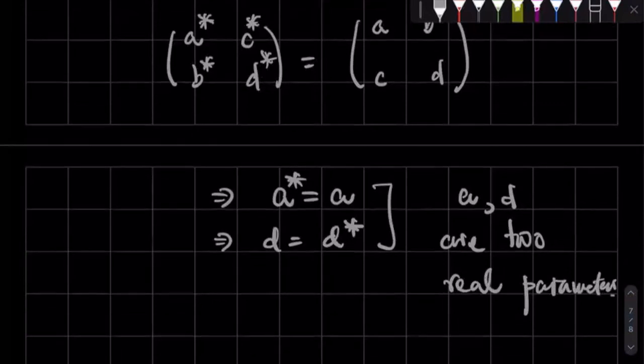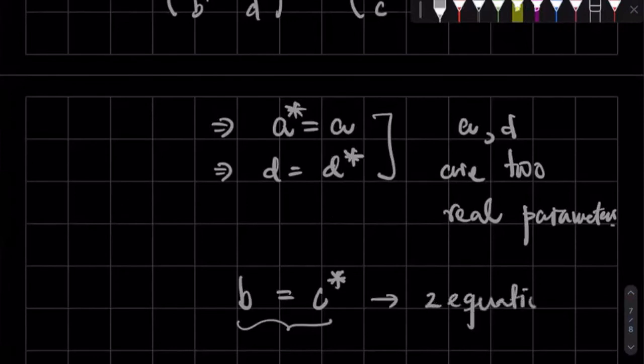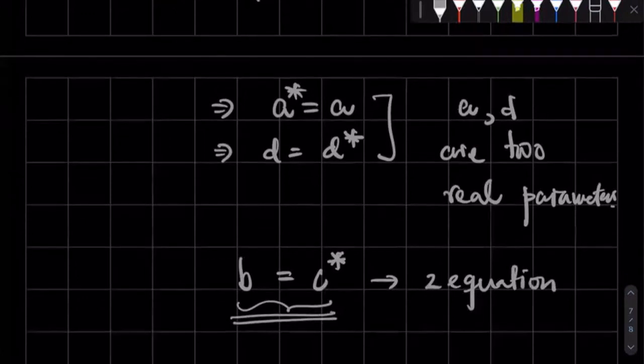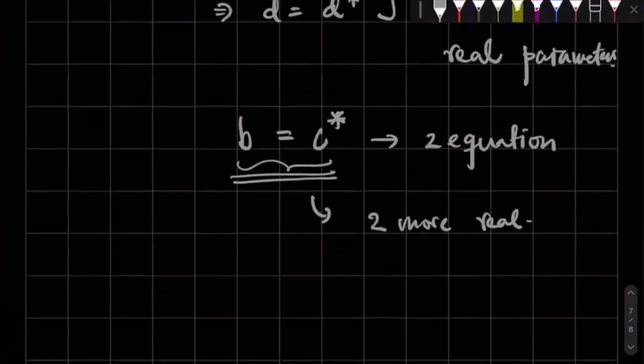But we also have another equation, which is B is equal to C star, right? Here, there are two equations, taking the real and the imaginary part. So of the 4 parameters here, we have 2 left. So this equation cuts down 2 more real parameters. So the number of parameters so far is 4.